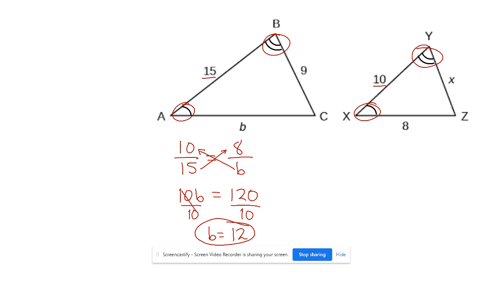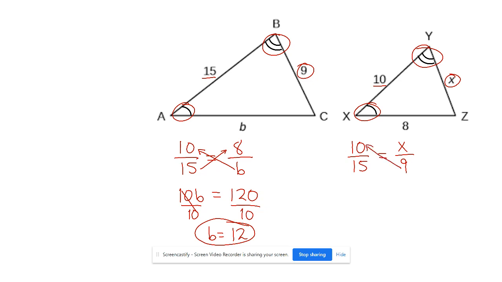So I'm going to use the 10 over 15 again, that fraction we found at the beginning. And I'm going to match the X up with 9. X and 9 go together. And X is going to go on top because X is part of the triangle with the 10. 9 is on the triangle with the 15, so it goes on bottom. And here, unlike the one we just did with B, since X is on top, we only have to multiply by the 9.